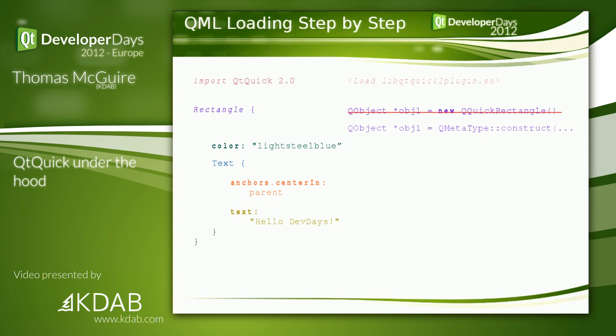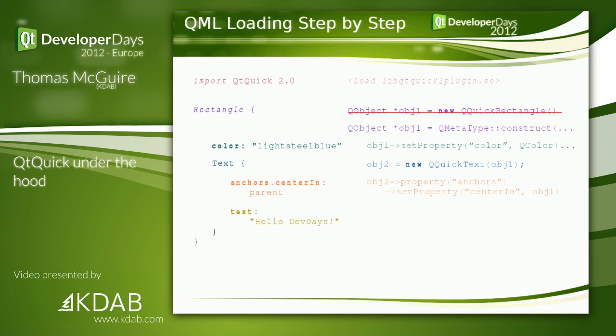So instead of saying rect.setColor, we have to say setProperty, because we just have the QObject pointer. So that's what the QML engine does. It simply calls setProperty on the color property. Then it instantiates the Text element, and takes care of the parent-child relationship here. So the Text element will be a child of Rectangle.